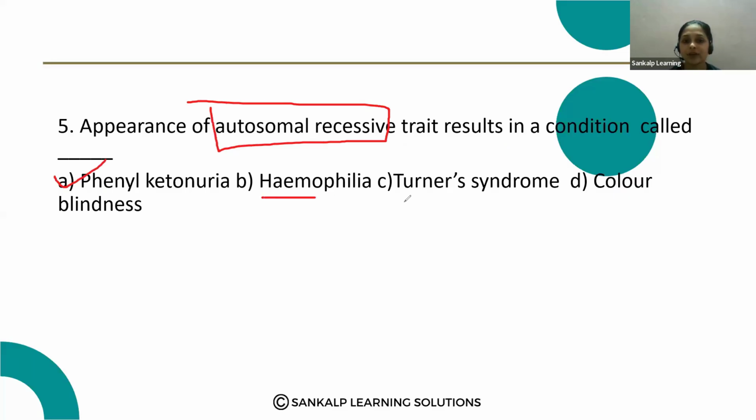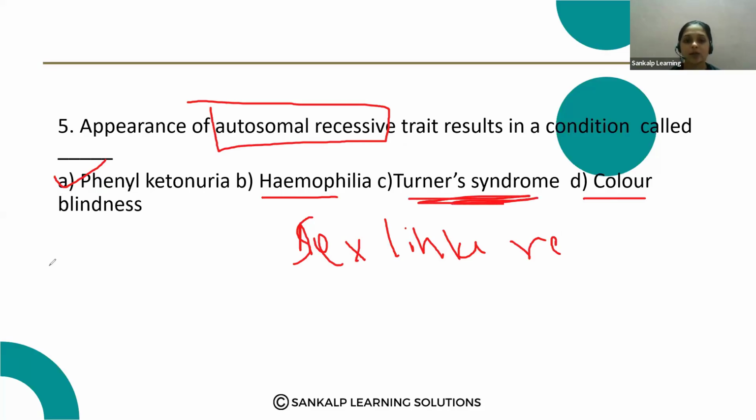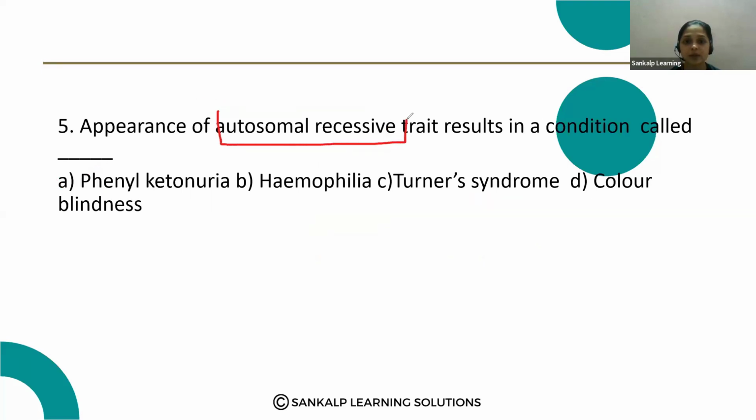Hemophilia and color blindness, that is allosomal or sex-linked recessive. Hemophilia and color blindness, that is the sex-linked recessive disorder. So this is a chromosomal disorder. So the correct answer is autosomal recessive trait, that is phenylketonuria.